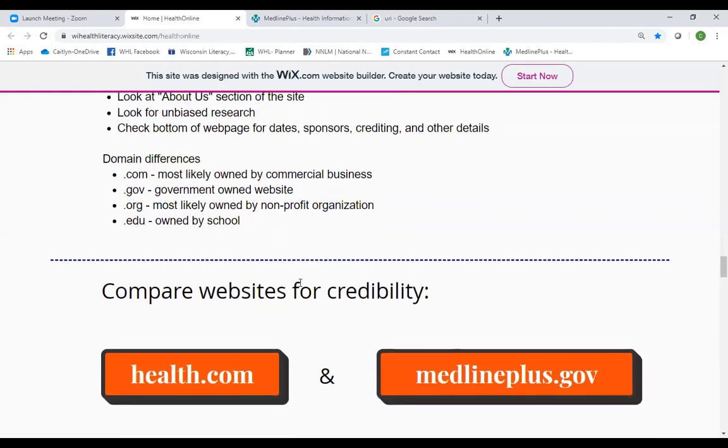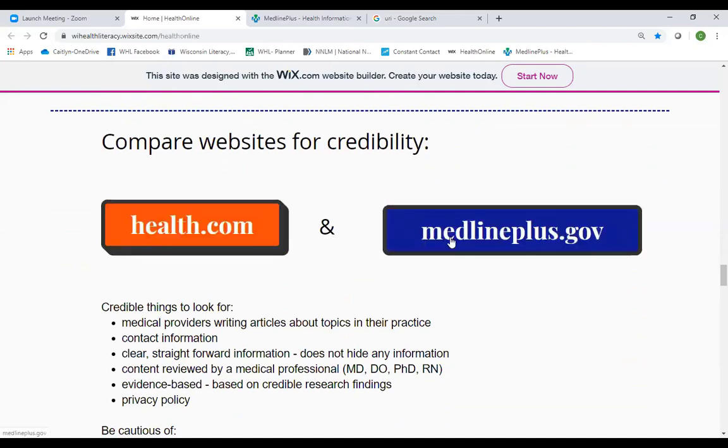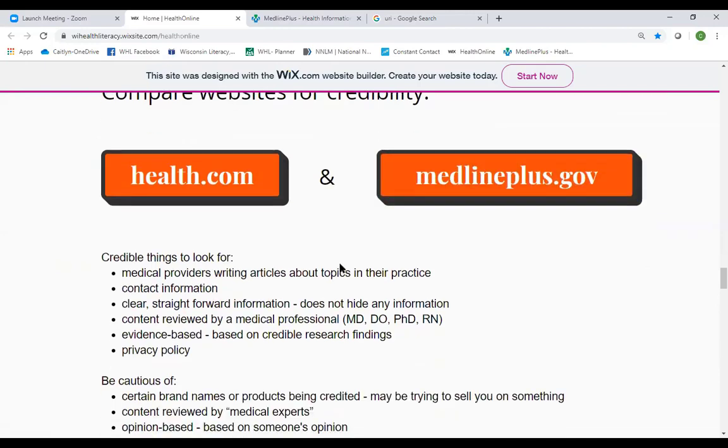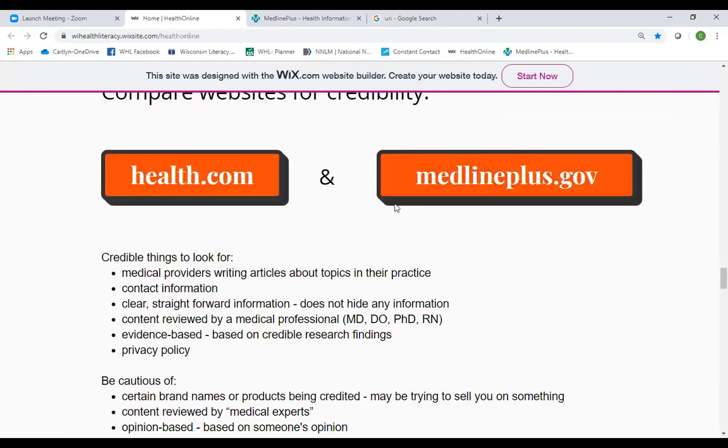So those are some of the differences we look at. Then we get into comparing the health.com versus Medline Plus. So we go back and forth between the two sites and compare, looking at the About Us section, the content itself.